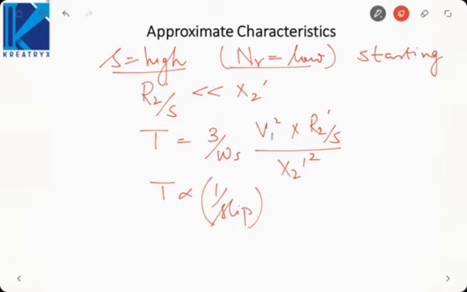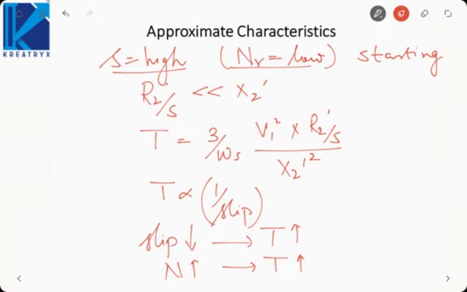If torque is inversely proportional to slip, that means the torque will decrease with increasing slip, or the torque will increase with decreasing slip. So as slip reduces, speed increases and the torque will also increase.